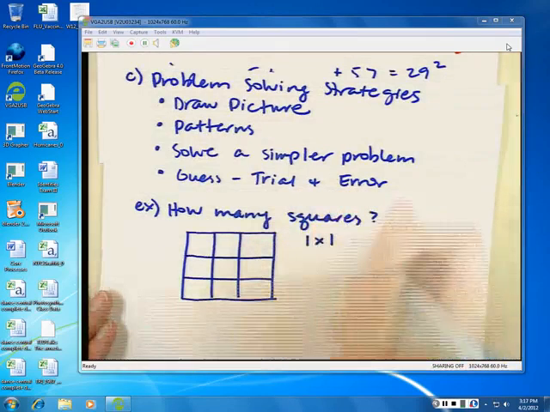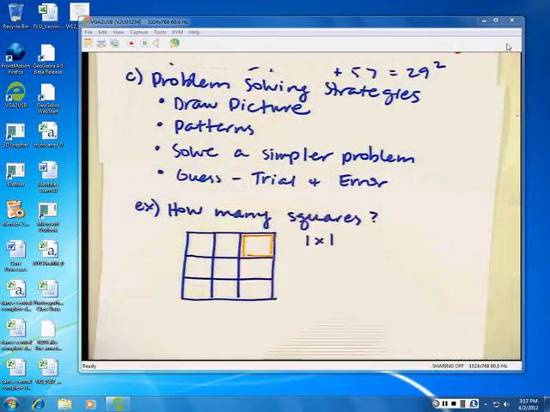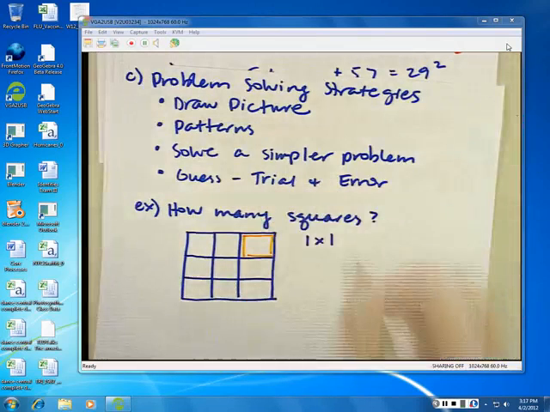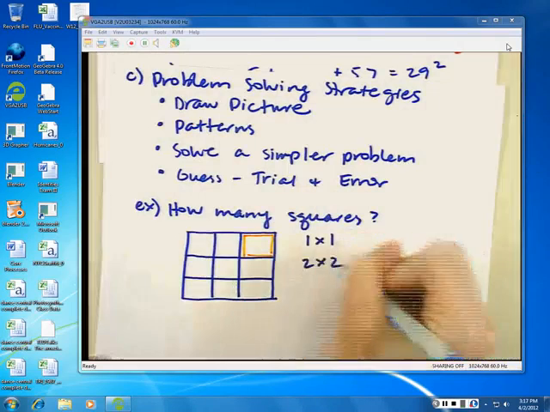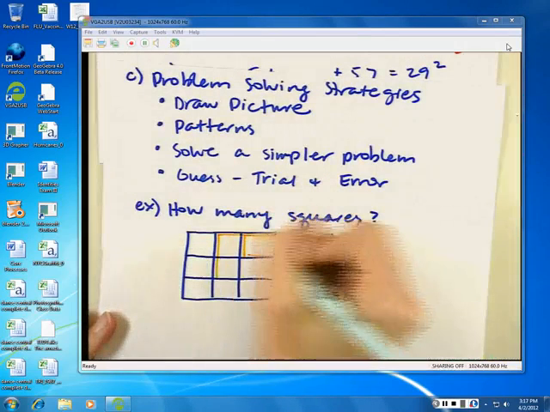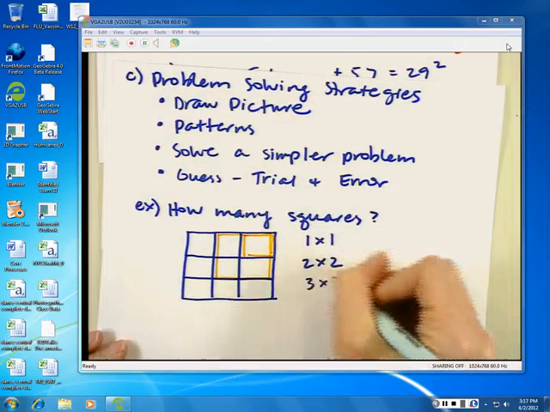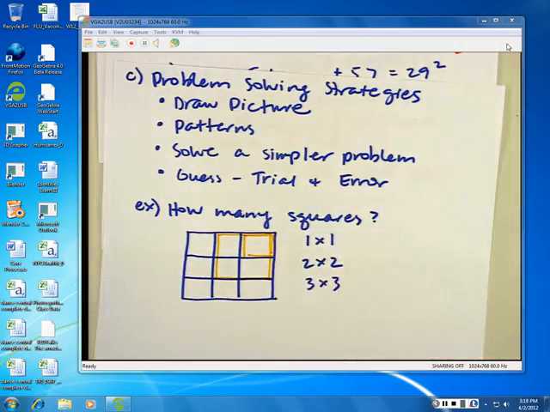There's a 1 by 1. So this right here would be a 1 by 1. So we have 1 by 1 squares. I'm going to count those up, and I will do that in just a second here. I've got a 2 by 2. The 2 by 2 squares look like this. And then, of course, I've got that largest 3 by 3. And I don't have any other sizes.